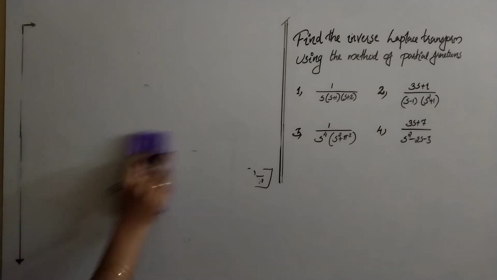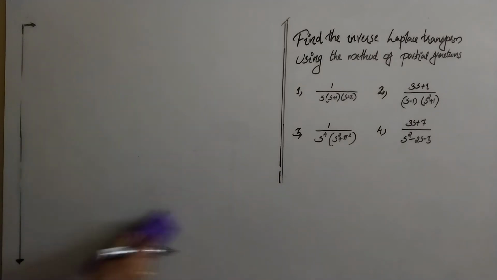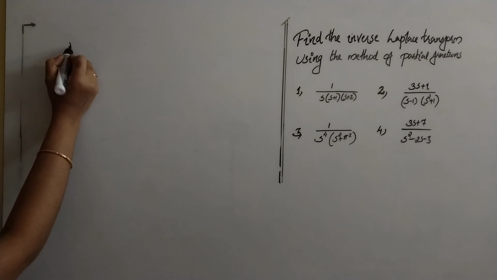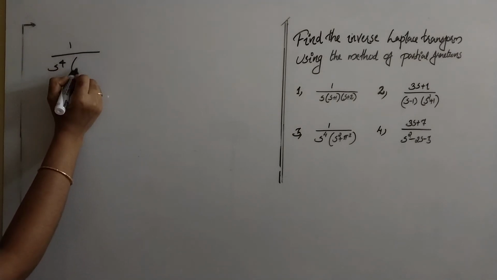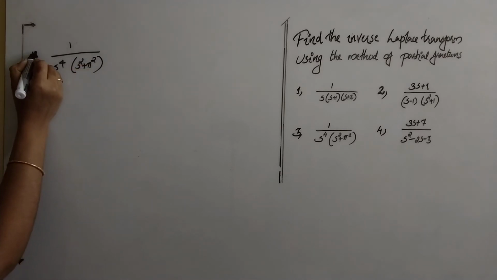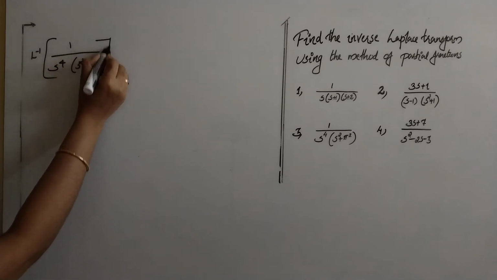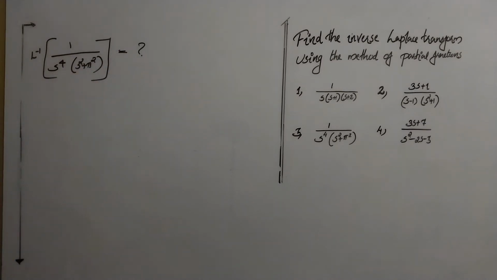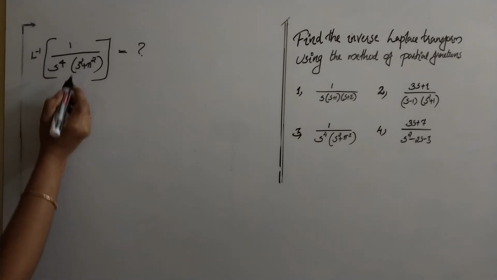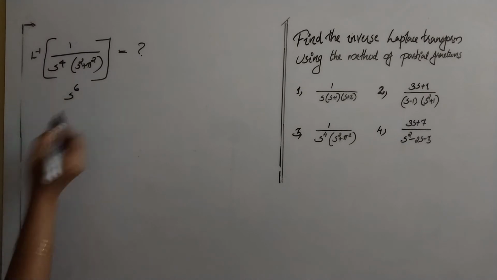Third one is L inverse of 1 by s raised to 4 into s square plus pi square. Here the power of s is s raised to 4 into s square, which means s raised to 6.